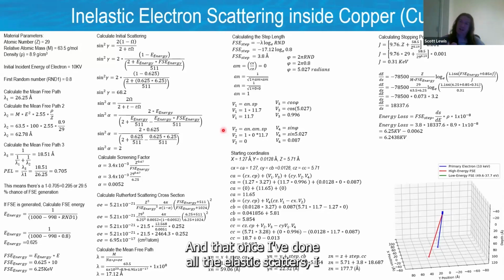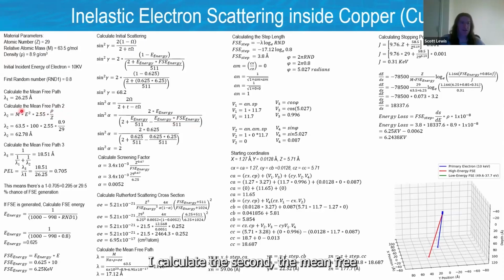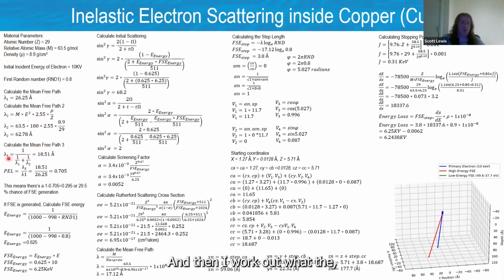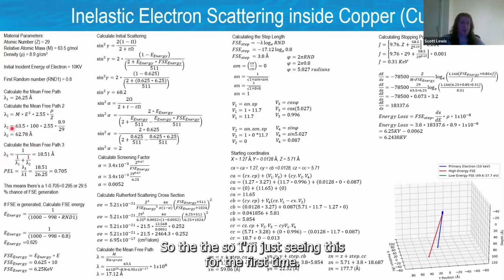Once I've done all the elastic scatters, I bring back those points and those energies, and we just follow it through. This is how we do this. I calculate the mean free path of a secondary electron if it's produced, and then I work out these things together.